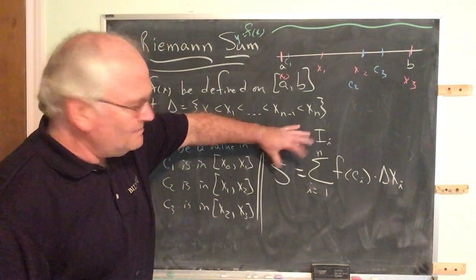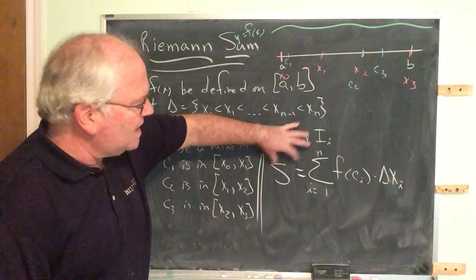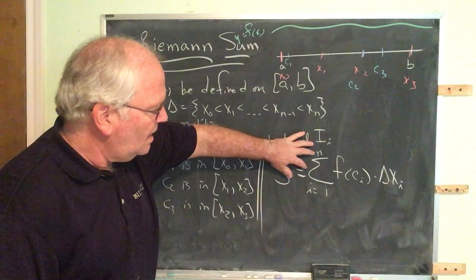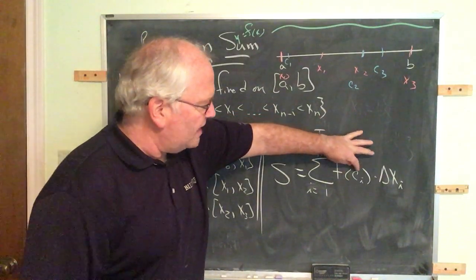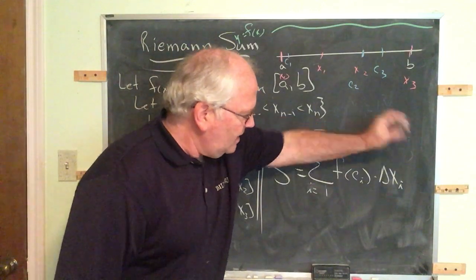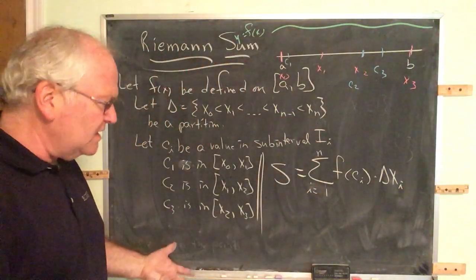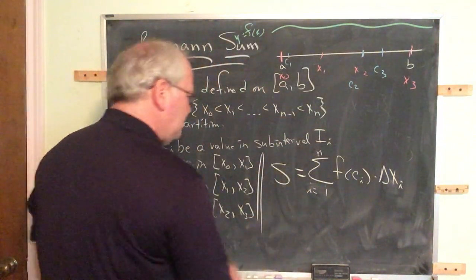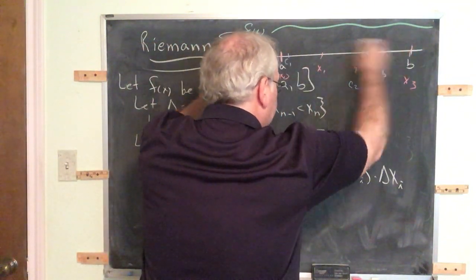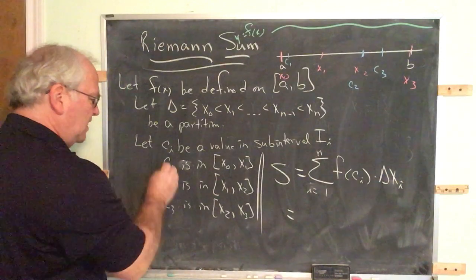Yeah, this is the sum. Summation means you're adding together. You take the function value at c sub I, and then you multiply that by delta x sub I. So what the heck does that mean? Well, in this particular circumstance, what it means is this.